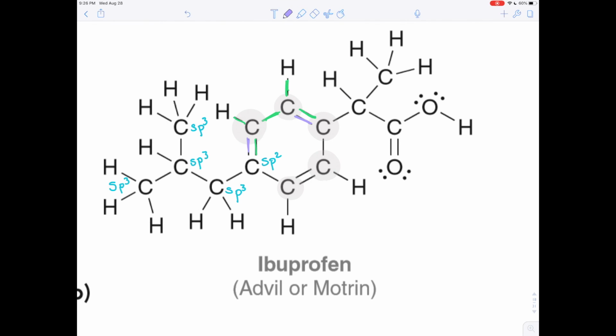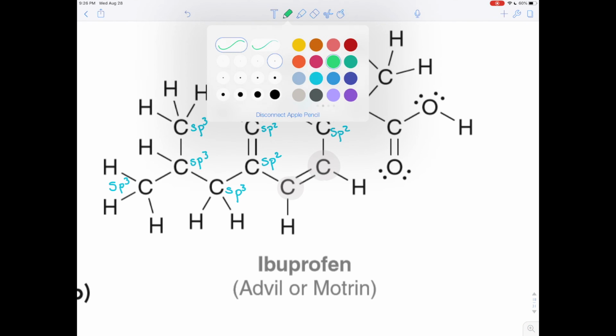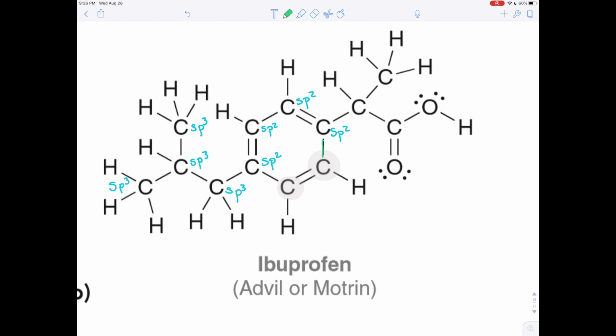Every bond after that first bond is a pi bond. So each of these in this ring has just one pi bond around it, and if you ever have one pi bond, it's sp2 hybridized. So sp2, sp2.